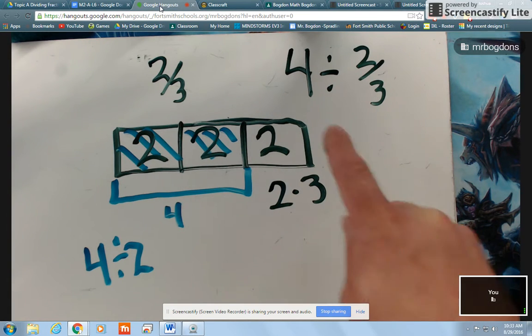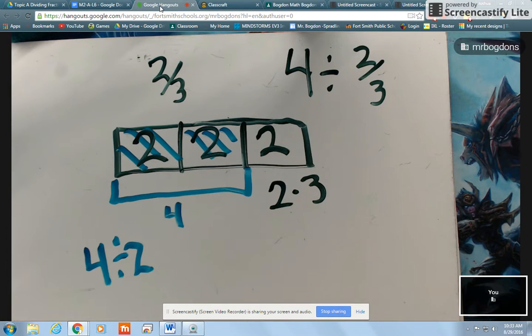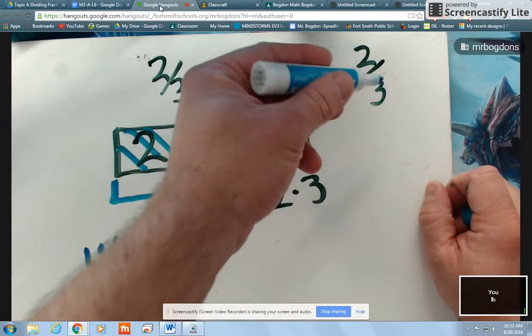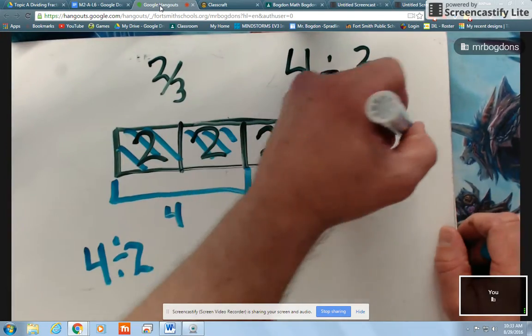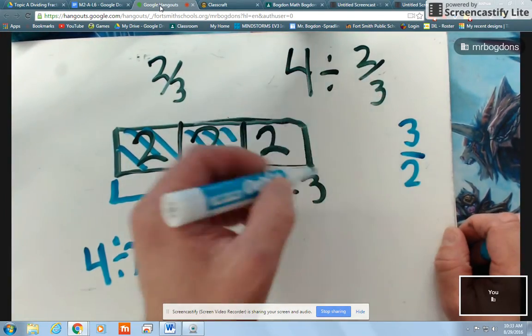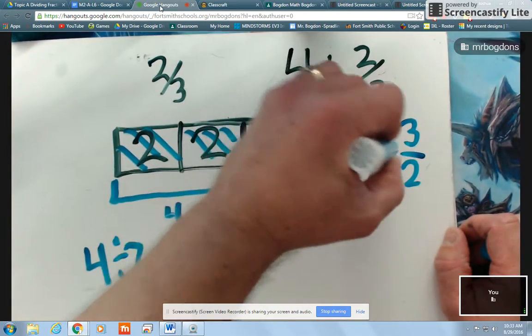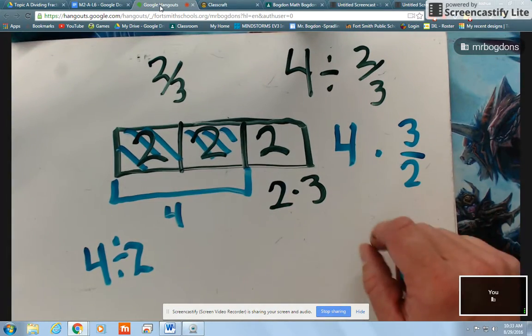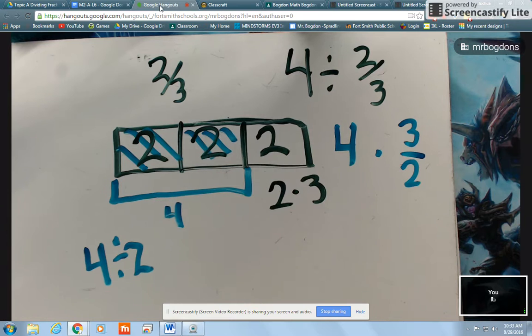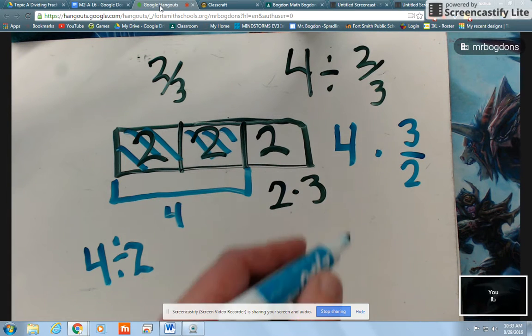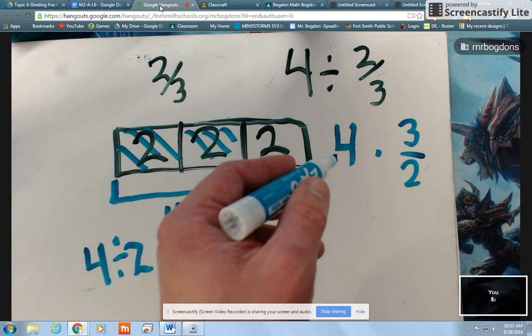Lonnie, how can I rewrite this as a multiplication? Talk me through the keep, change, flip, sir. What am I flipping? Am I flipping the 4 or the 2/3? 2/3. Okay, so that becomes this number. I should have kept the 4, multiplied there. So before I multiply, what can I do? What can I simplify, Alejandro? 4.